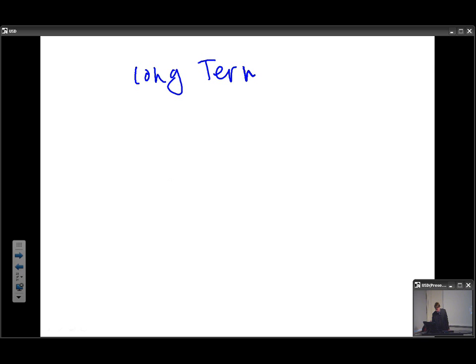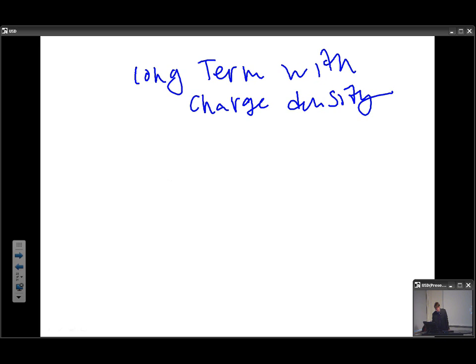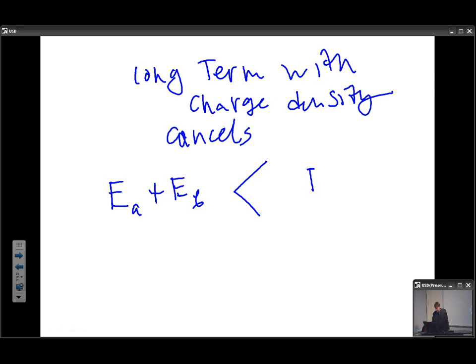The long term with charge density cancels. And we have a summation of e sub a plus e sub b, then this inequality sign, e sub b plus e sub a.